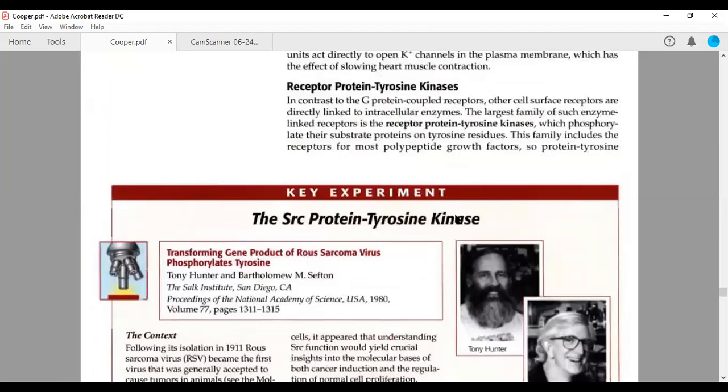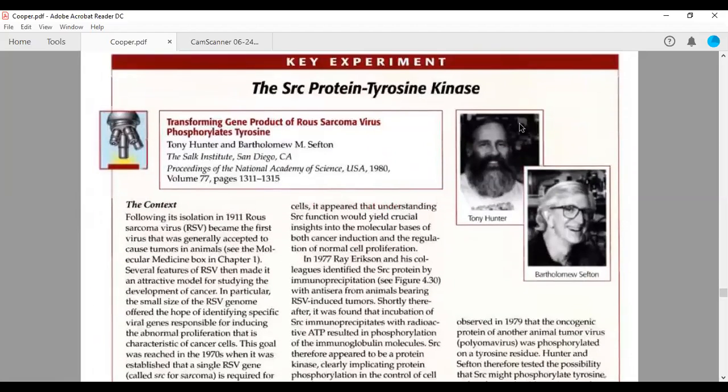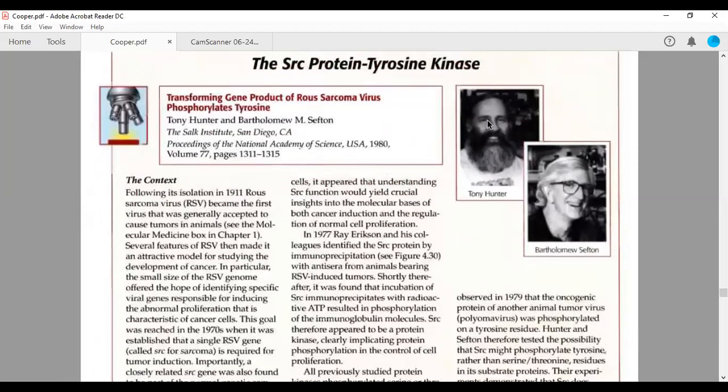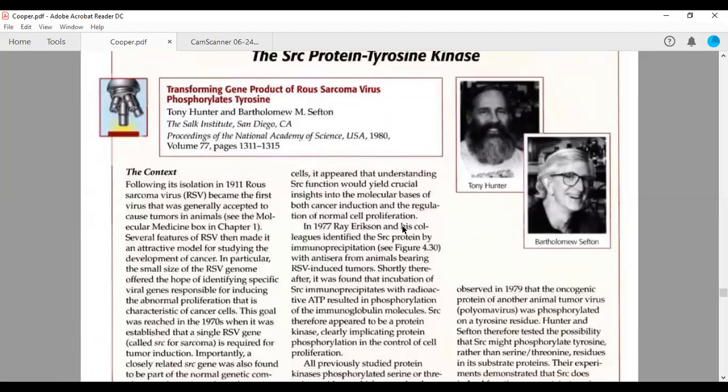Now, two scientists, Tony Hunter and Dr. B. Sefton, were responsible for a paper. They presented their result under the headline, "Transforming gene product of Rous sarcoma virus phosphorylates tyrosine."